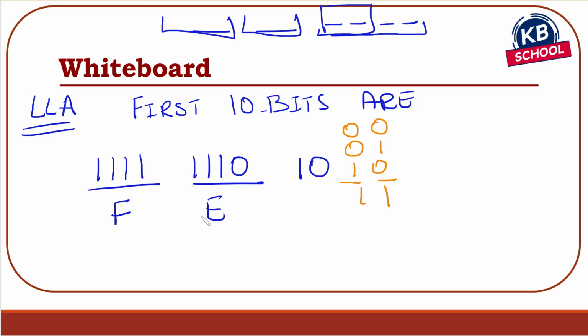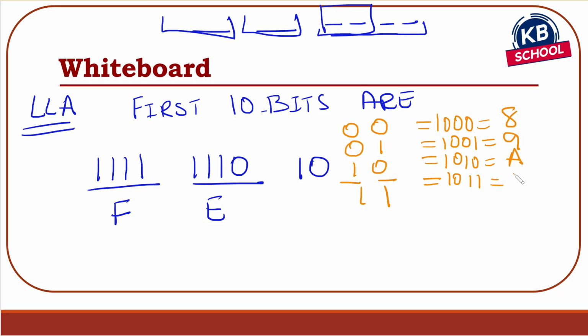So that makes it FE and then 1000, which is 8, or 1001, which is 9, 1010, which is 10, but you don't write 10, 10 is A, and 1011, which is B, which is 11.